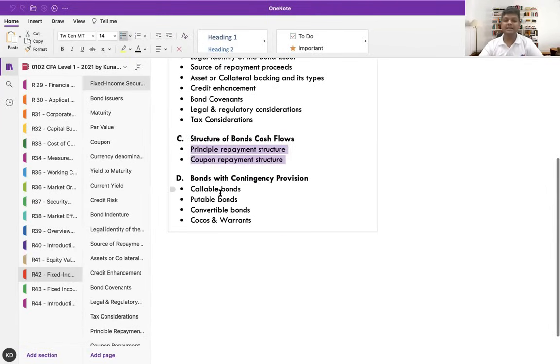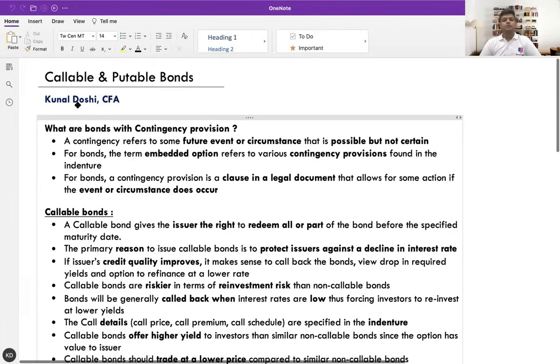Now we are going to discuss the last part, that is callable, puttable bonds, convertible bonds, and warrants. These are called bonds with contingency provisions. So let's start with callable and puttable bonds. What do you mean by call and put?